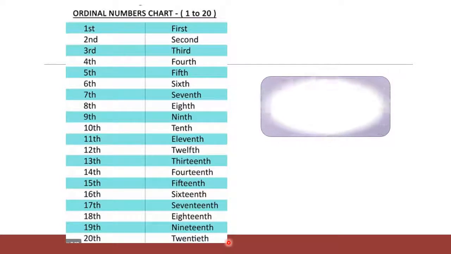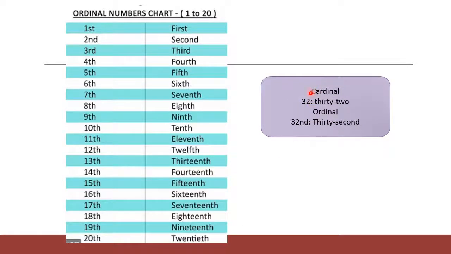Let's see some other examples. The number 32 in cardinal number changes to 32nd in the ordinal number. Notice that we keep the 30 and then we use the second number in the ordinal form. So 32nd, and we use the last two letters, ND.